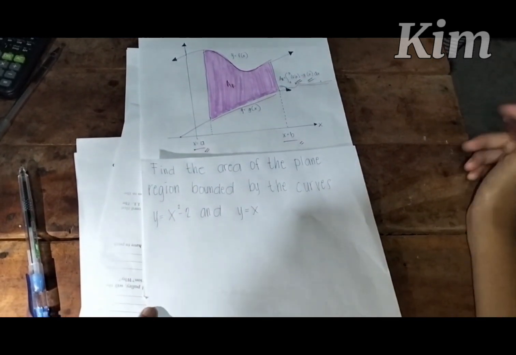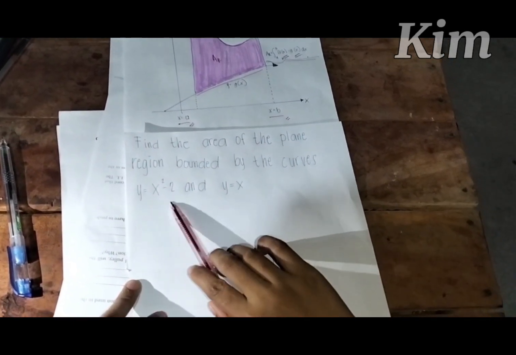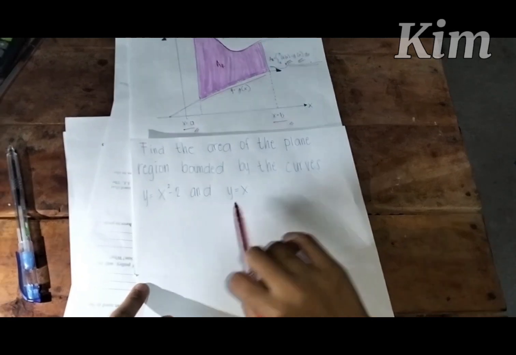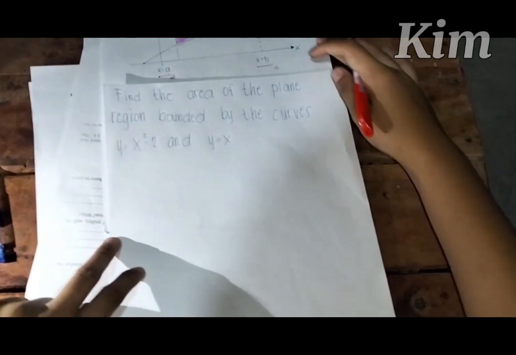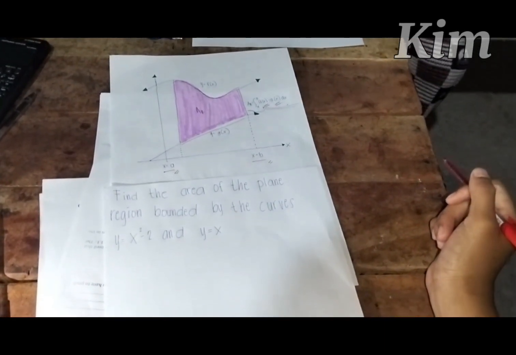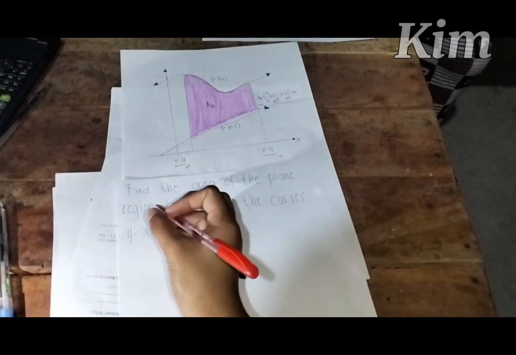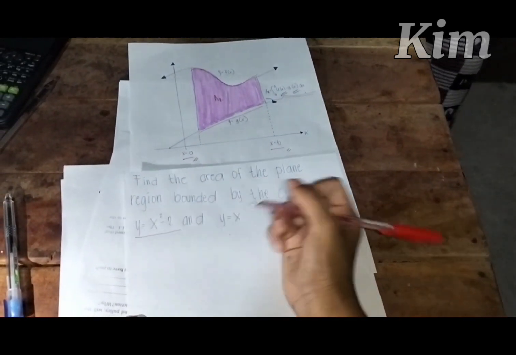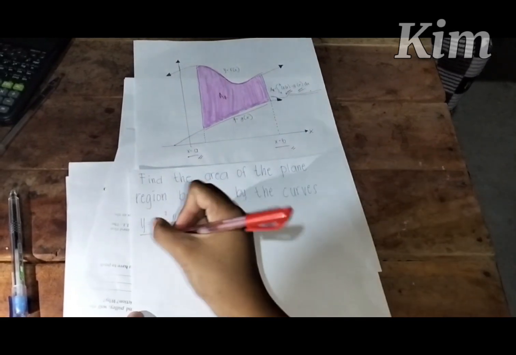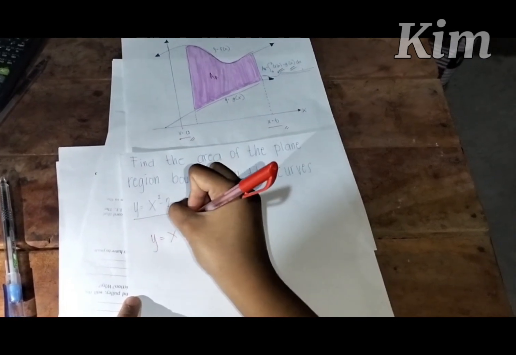Find the area of the plane region bounded by the curves y is equal to x squared minus 2 and y is equal to x. Okay, so our first move, guys, we need to get the points of intersection between the two curves, y is equal to x squared minus 2 and y is equal to x.